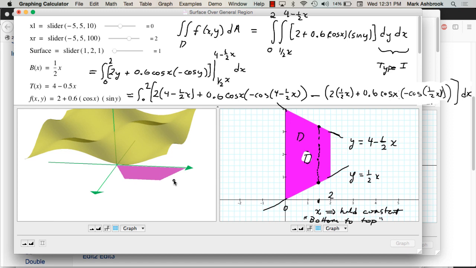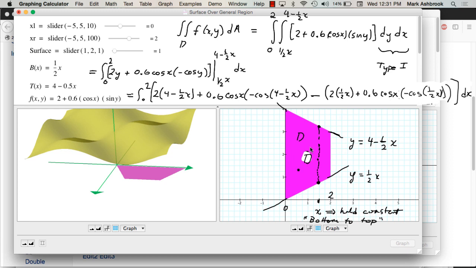Okay, so now let's talk about type 2. Type 2 then is what order of integration? If this is type 1, then type 2 is dx dy, which would be, first we would go from 0 to 2, left to right, and then bottom to top. So what would happen here? X equals to something.